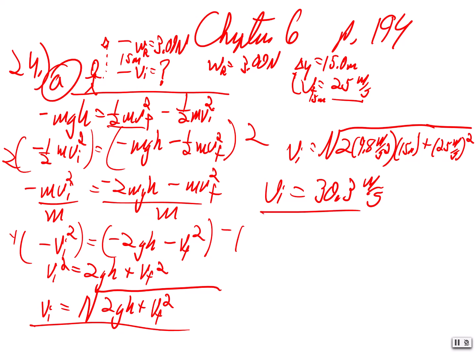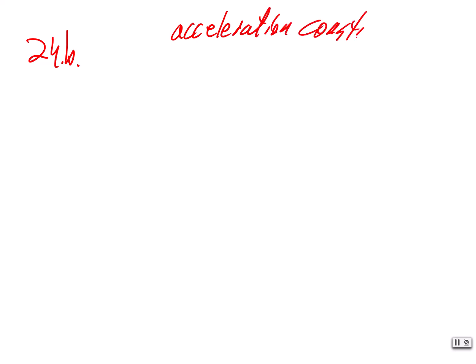Now let's look at part B. So 24B says, what is its maximum height? Well, now let's remember, y'all, that the acceleration is constant. How do you know that, Miss Shields?